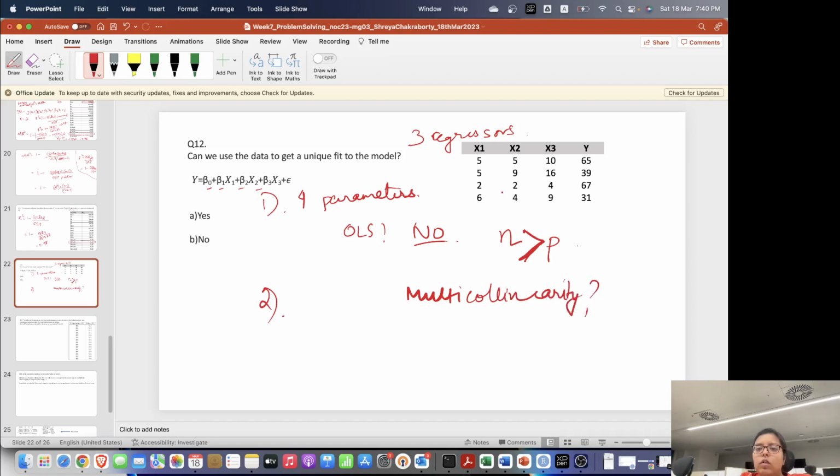So, from these three columns, the x columns, will it be possible to see if these are linearly dependent or not? If we look carefully, if we do half x1 plus 3 by 2 x2, then we are getting x3.